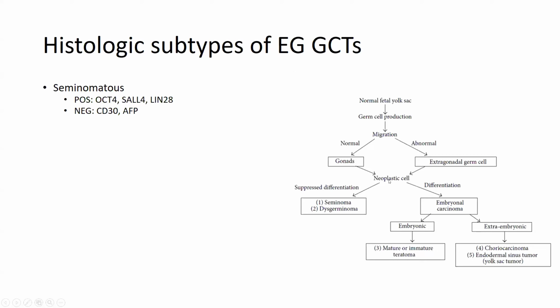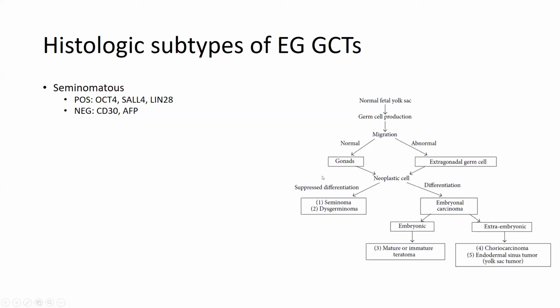When they are transformed, you can have suppressed differentiation, meaning that they remain like germ cells, and so they develop into what we classically think of as things that look like a normal germ cell, so seminoma or dysgerminoma. And then they may differentiate into the embryonal carcinoma cell, which gives it its stemness, and then it can develop into the embryonic types, which are mature or immature teratoma, or the extra-embryonic types, which are choriocarcinoma and yolk sac tumor.